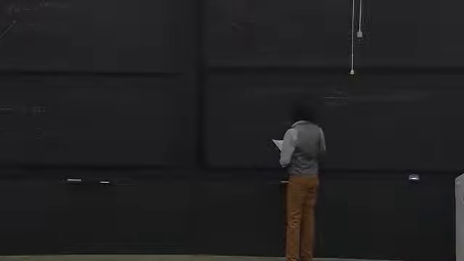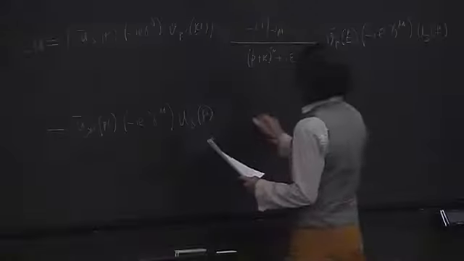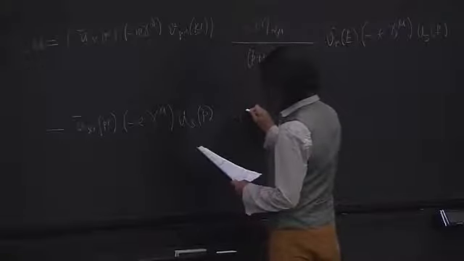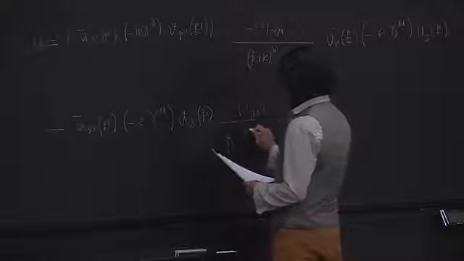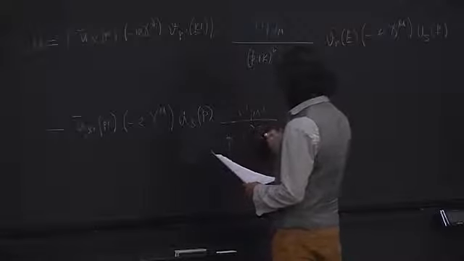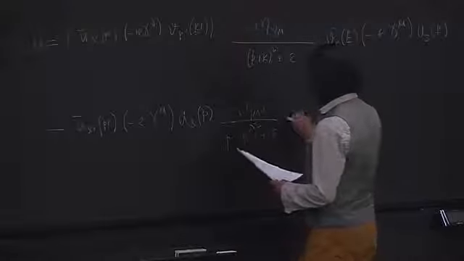I forgot this factor in the notes, guys, so correct that. And then eta mu nu over p minus p prime squared plus i epsilon.